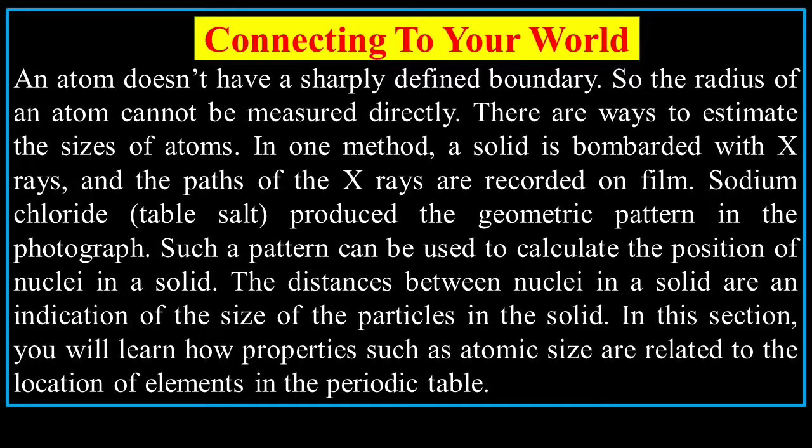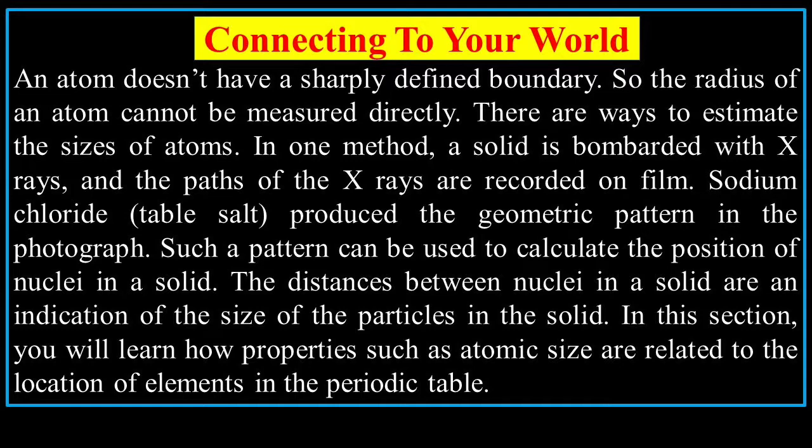Sodium chloride, table salt, produced the geometric pattern in the photograph. Such a pattern can be used to calculate the position of nuclei in a solid. The distances between the nuclei in a solid are an indication of the size of the particles in the solid.